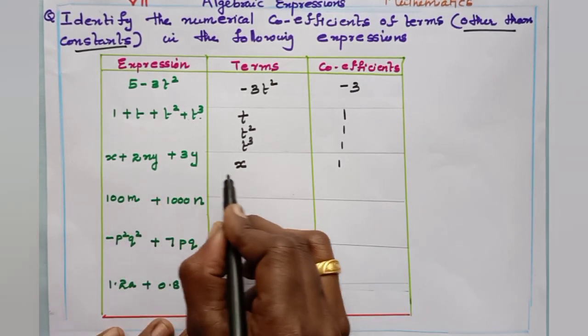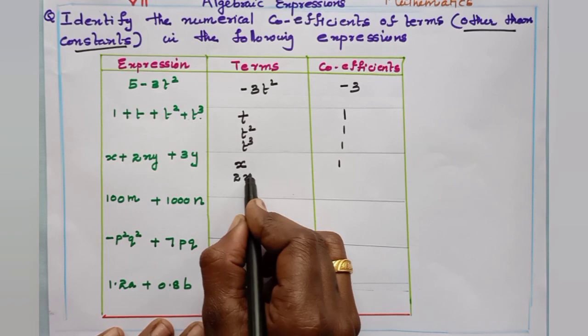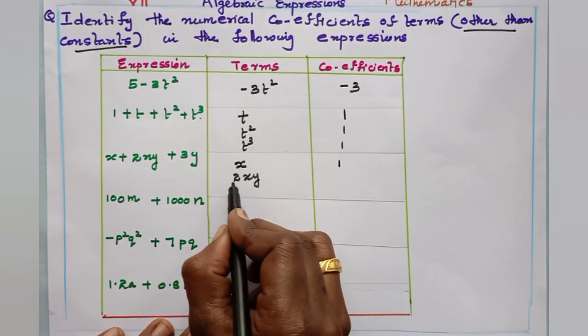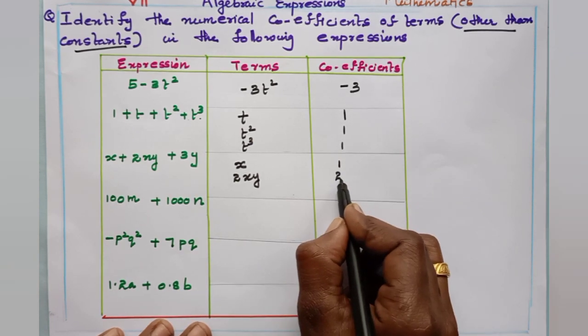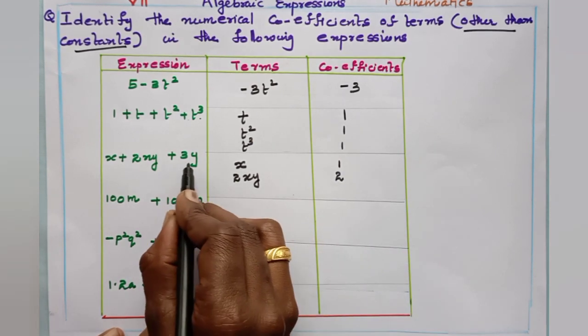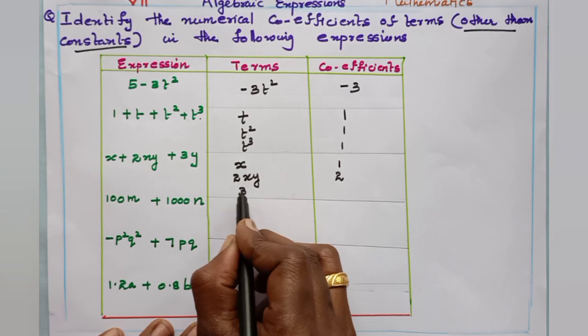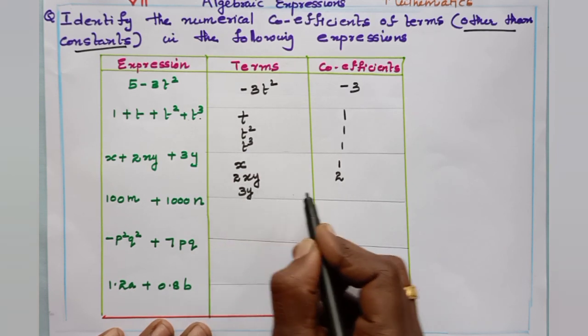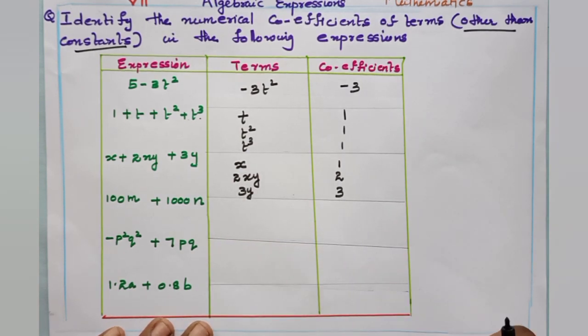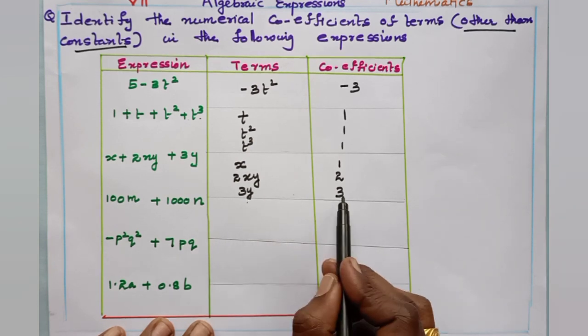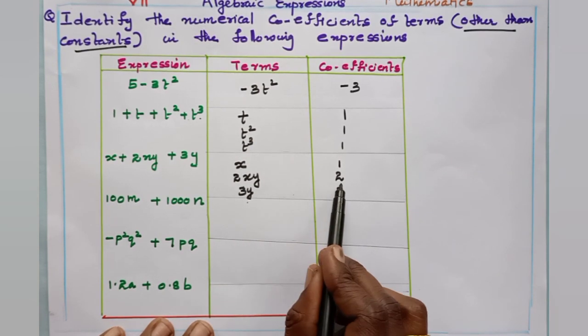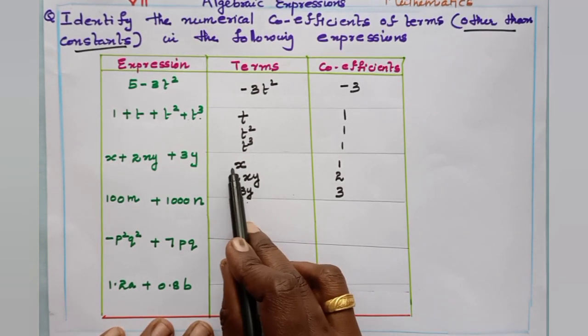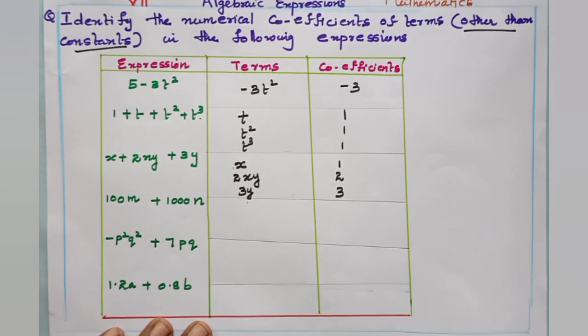Then the second term is 2xy. Very simple, the numerical coefficient is 2. Then the third term is 3y, and the numerical coefficient is 3. So 3y has coefficient 3, 2xy has coefficient 2, and x has coefficient 1.